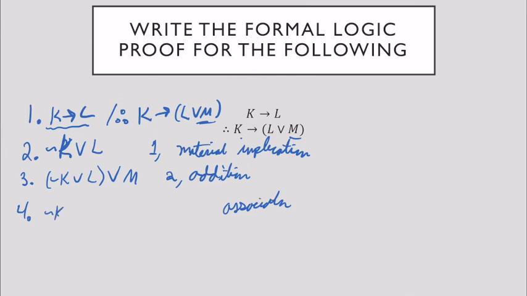That was association. And then I can use material implication again to get K implies L or M. And there we proved all of our steps.